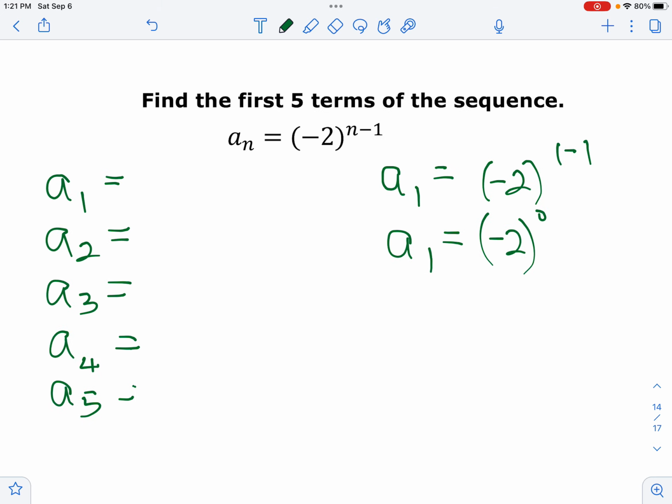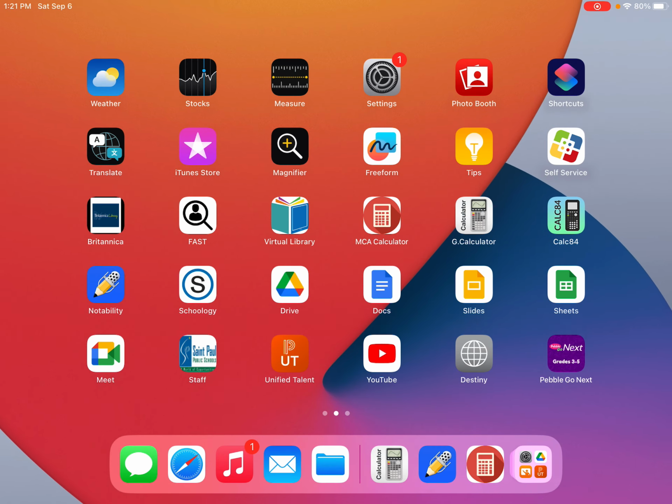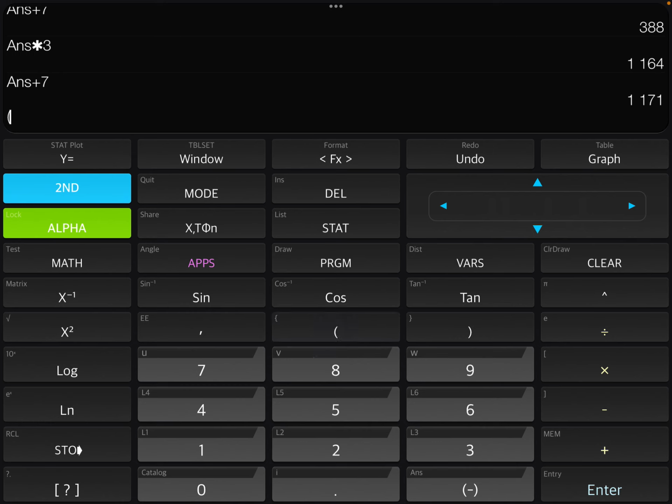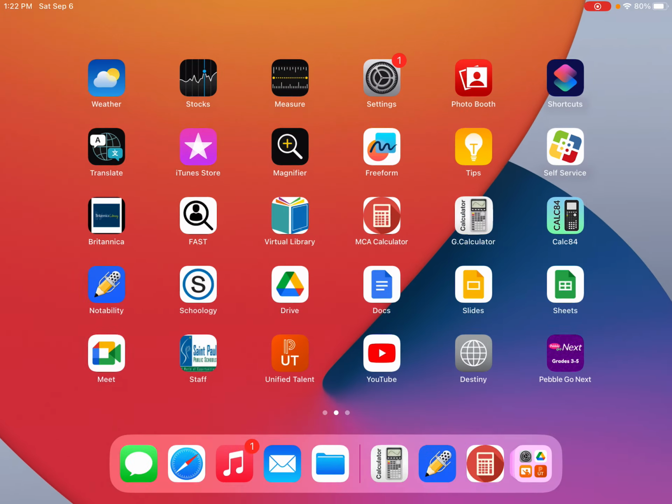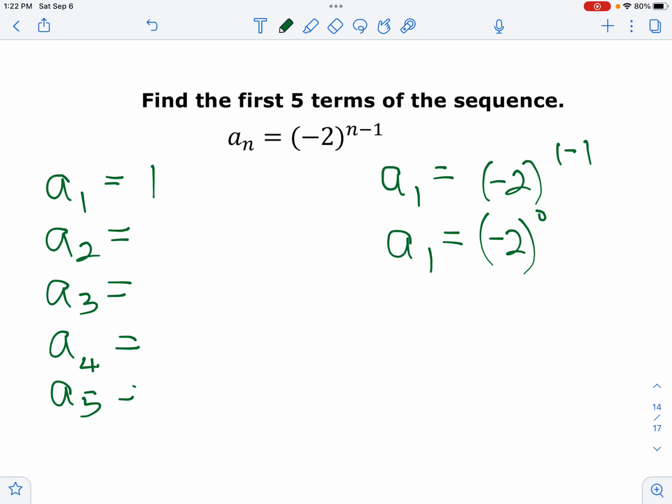Anything to the 0 power, if you type it into your calculator, is 1. Let's go ahead and do that. -2 to the 0 power. Notice we get 1. Okay, so the next one I need to put a 2 in for, okay?